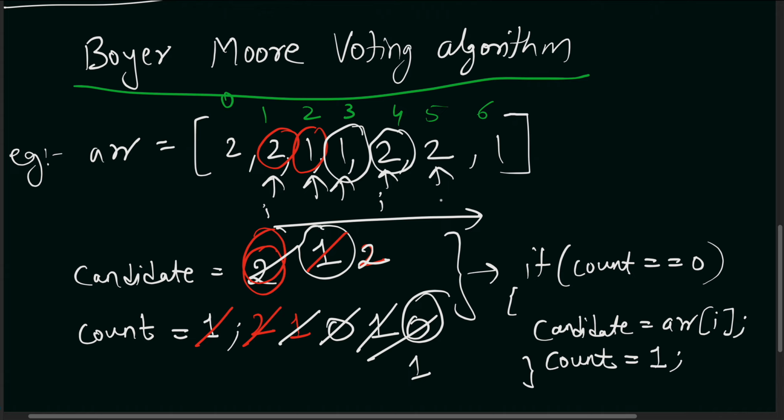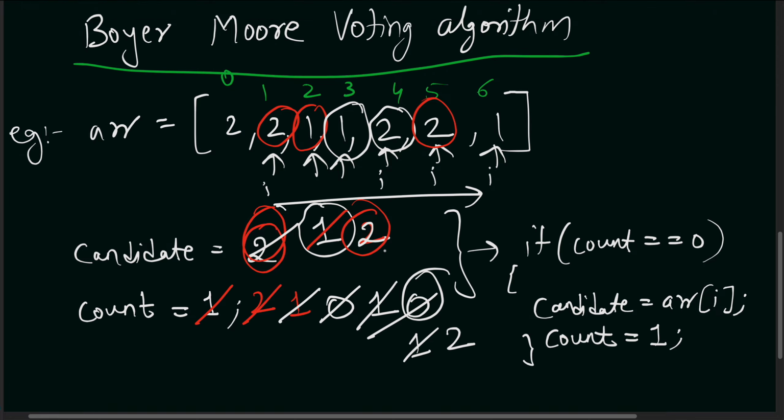Now let's increment I. Now see here, array of I is equal to candidate. So if array of I is equal to candidate, we will simply increment our count. Now count will become 2, right? And finally I will come to the last element. Now here the array of I is 1, which is not equal to candidate.